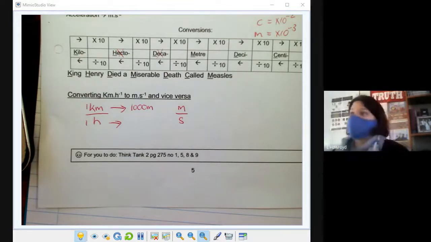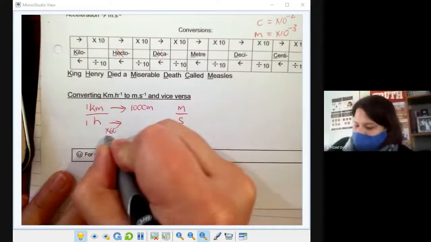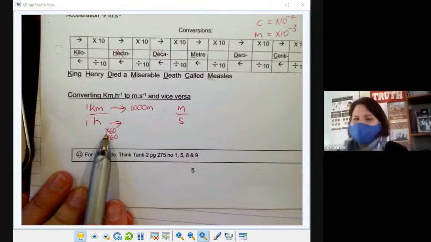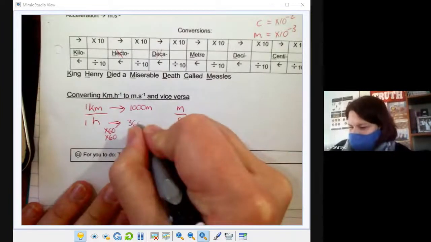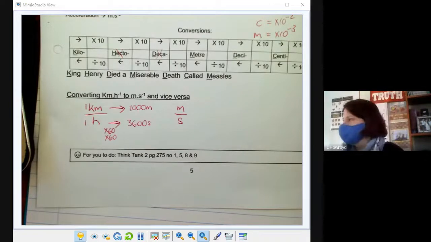All right. So first we convert to minutes. How many minutes in an hour? 60. How many seconds in a minute? 60. So you times by 60 twice because you're going from hours to minutes, then minutes to seconds. So that should be 3,600 seconds. Happy?